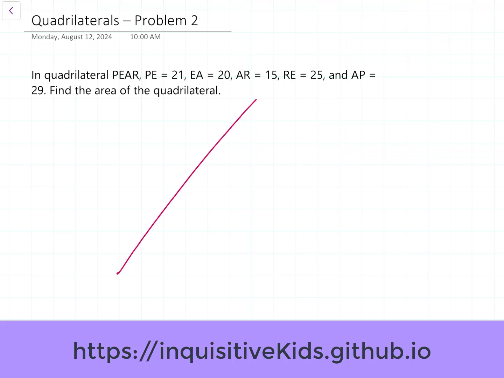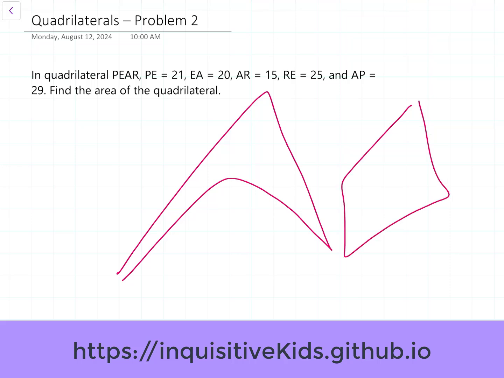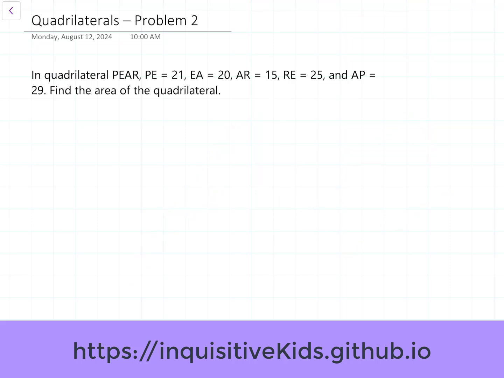So the quadrilateral could look like this, it could look like this, it could look like anything we want it to be. But in order to make everything as easy as possible, let's make it into one of the simpler quadrilaterals, like a rhombus, a square, a rectangle, or a trapezoid.